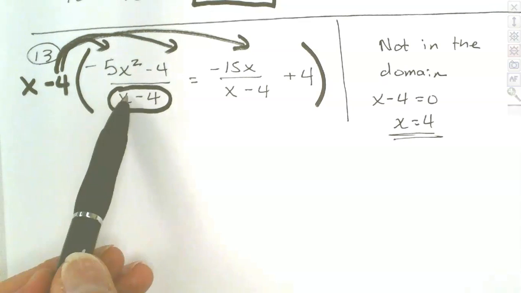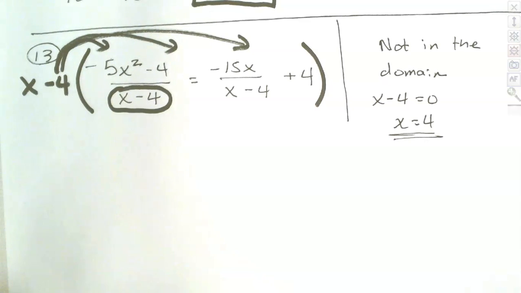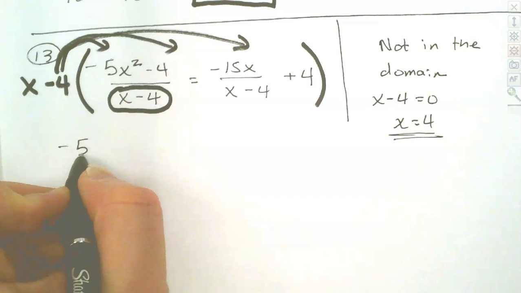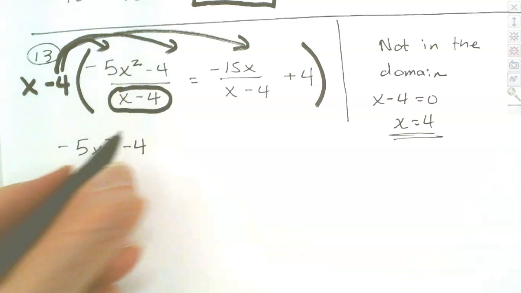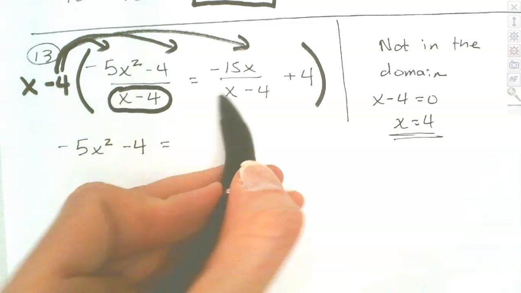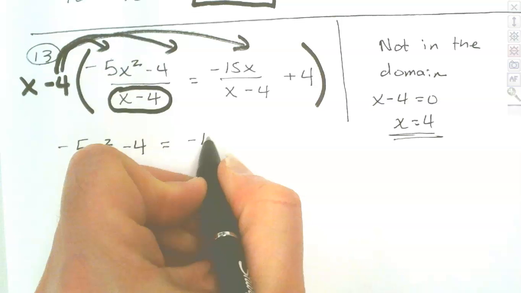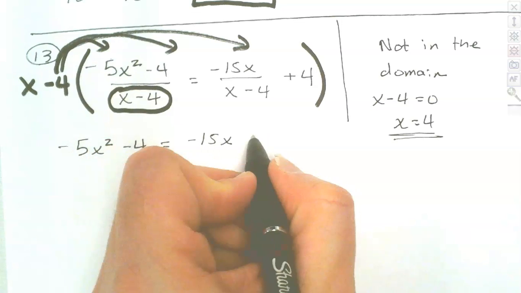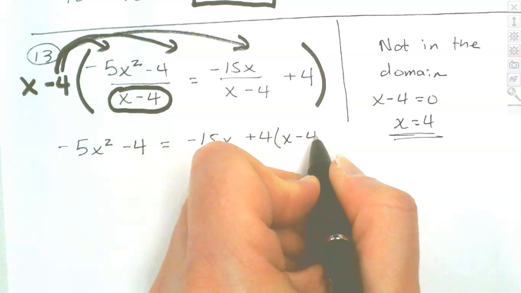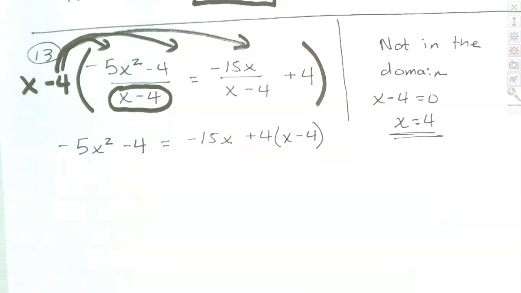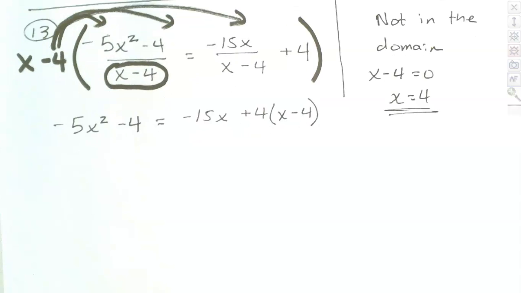So the x minus 4s, they cancel. So that leaves you with the minus 5x squared minus 4 equals, then those cancel, a minus 15x. And don't forget, we have 4 times that x minus 4 because there's nothing to cancel there.